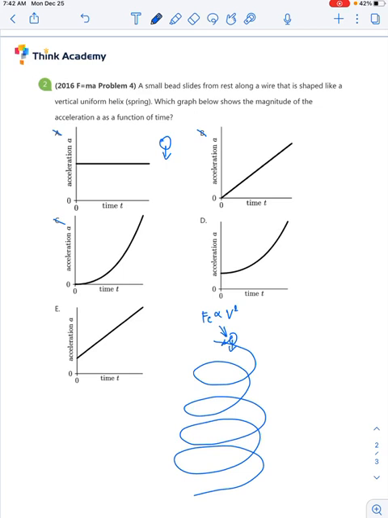At first, there will be less acceleration because there will be some normal force, and it's going to just go down from stationary. But then as the velocity gets larger and larger, it's going to have a larger centripetal force. So the net acceleration is also going to rise proportionally. If you know that, you can pick the right answer choice, D.